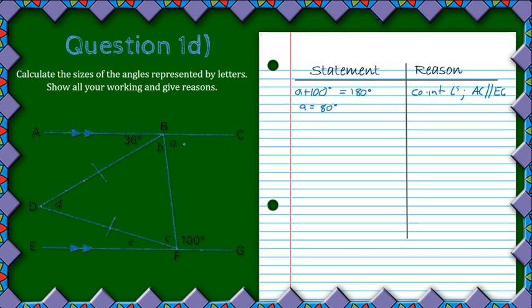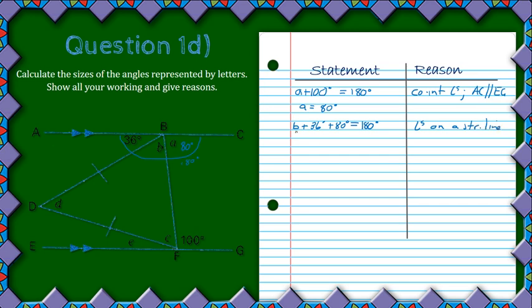So if I have that this is now 80 degrees, these three angles lie on a straight line, so they add up to 180 degrees. So if I say B plus 36 plus 80 degrees, that must all equal 180 degrees, and my reason is angles on a straight line.